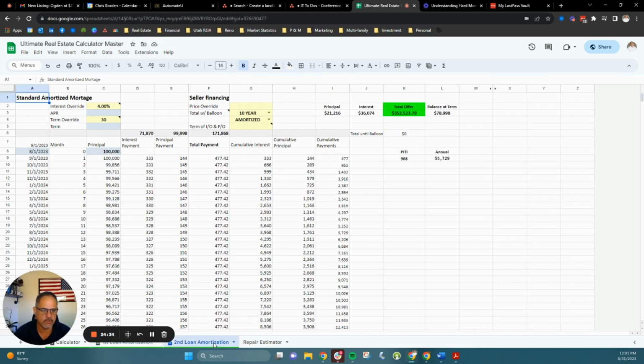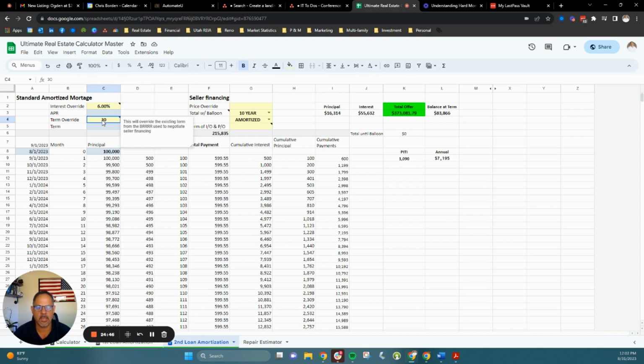Now, if I switch over to the second tab, I can adjust this. Say my HELOC is at 6%, it's going to adjust this number to that 6% payment. I can make whatever adjustments I need, as long as my payment is high enough to cover the duration of the loan.